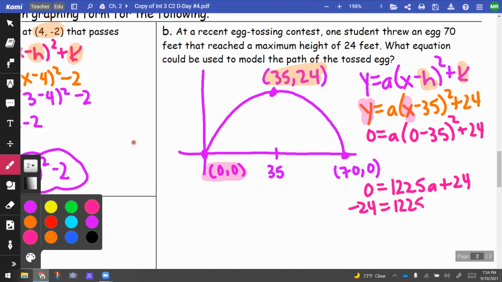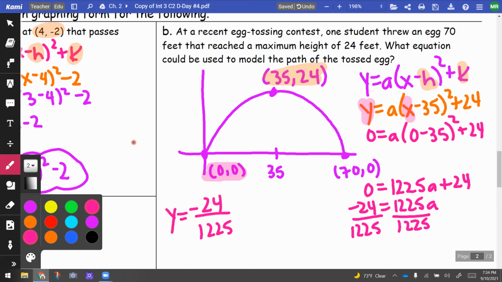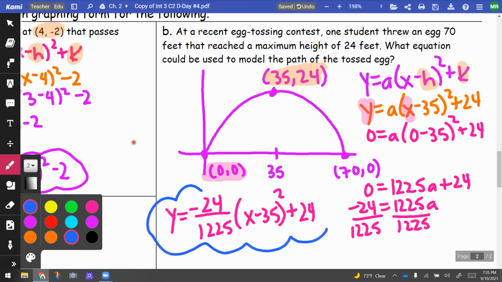And then I'm going to divide by 1,225. And I would just leave it as the fraction. That's going to be my a. So my equation is going to be y equal negative 24 over 1,225 times x minus 35 squared plus 24. And that is going to be my answer.